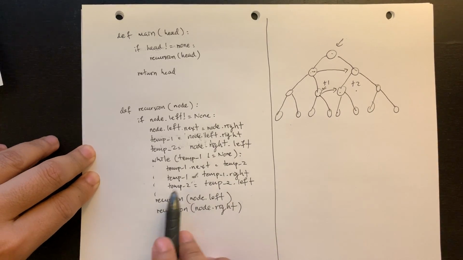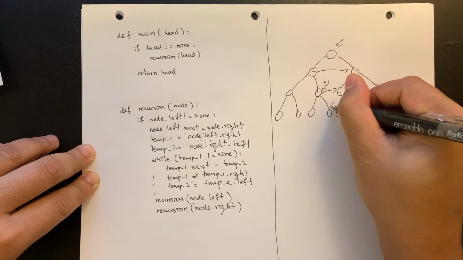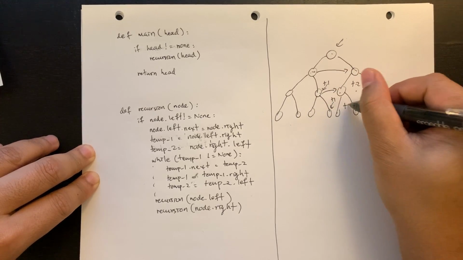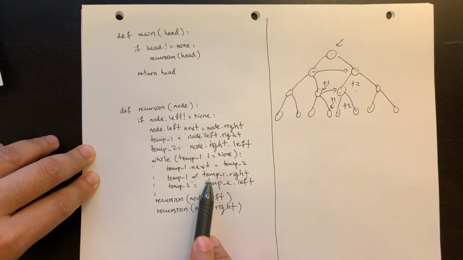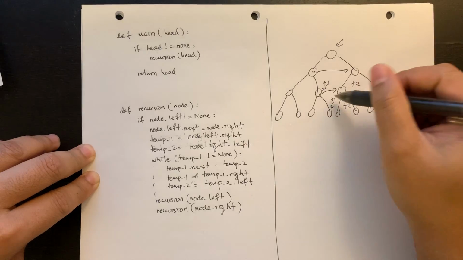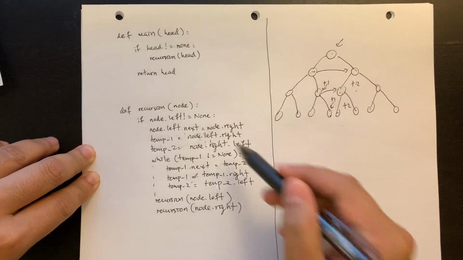And then we update our temp1. Since temp1 is right here, we want to update temp1 to right here. So T1 is right here, and T2 now is right here, because temp1 is temp1.right and temp2 is temp2.left. And then we check temp1.